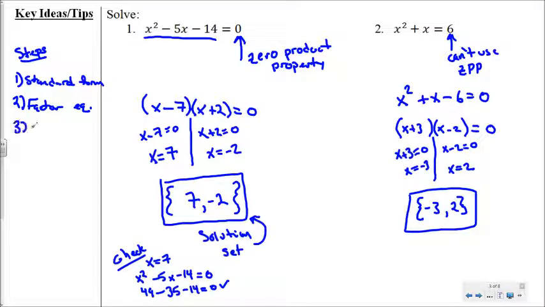Then you'll apply the zero product property to get two linear equations, solve those linear equations, and represent your answer, or your solution, with set notation.